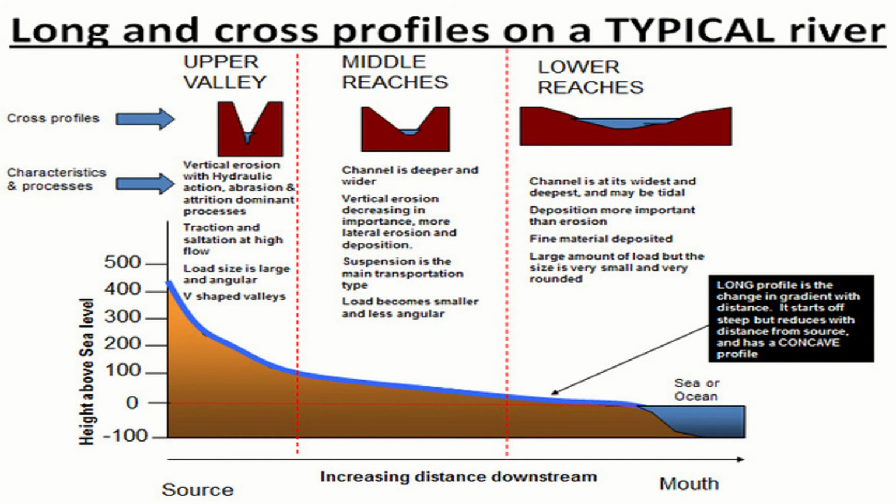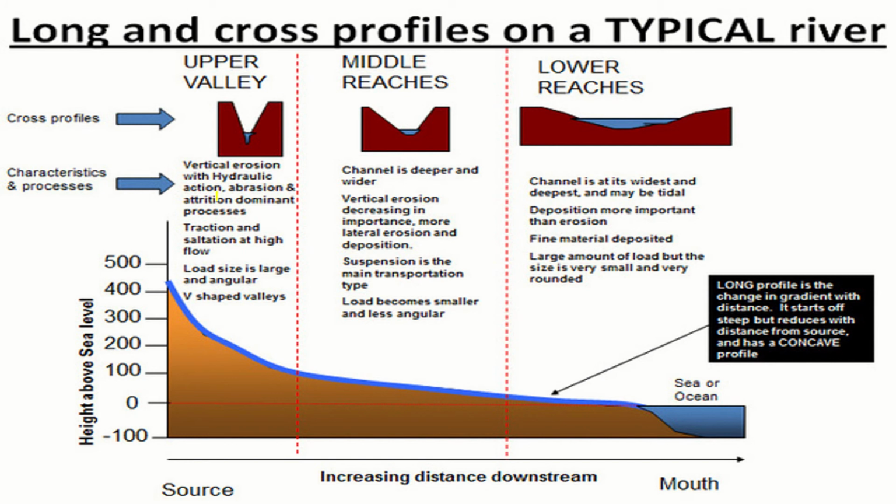This is the diagrammatic representation of the three courses: the upper course, middle course, and lower part. In the upper valley you can see a V-shaped structure.